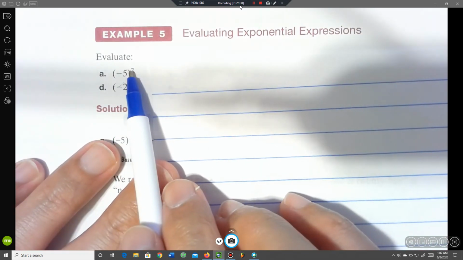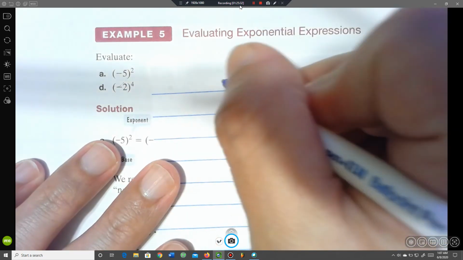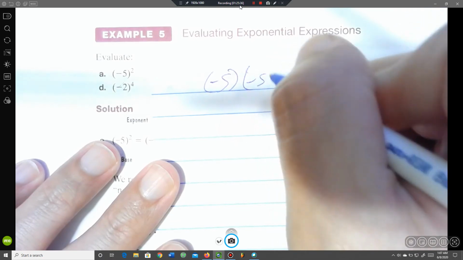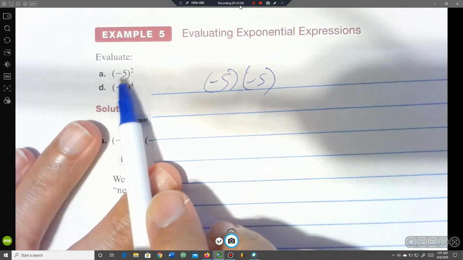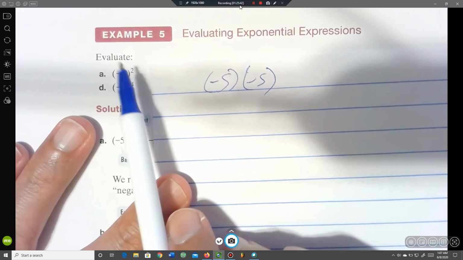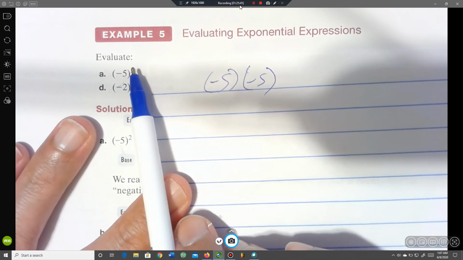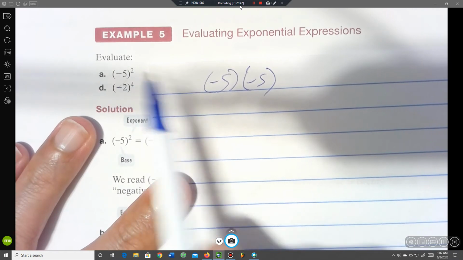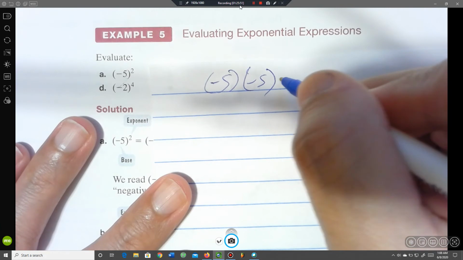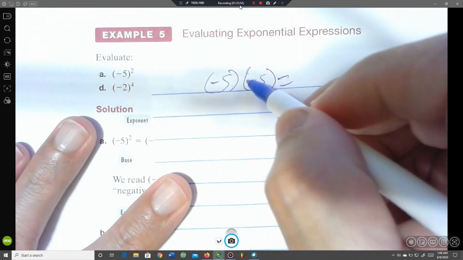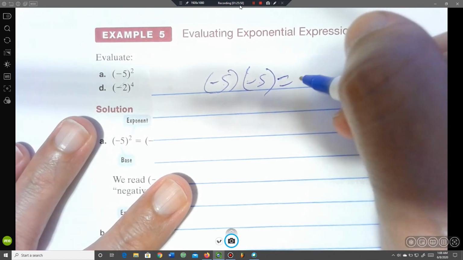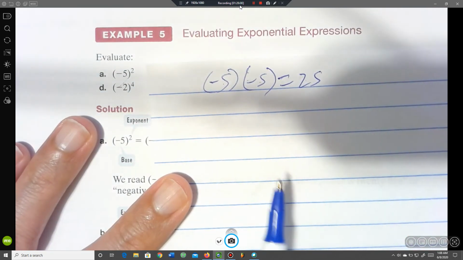So it tells me to write down -5 twice, and then just multiply, because the only operation you do when you see an exponent is multiplication. Since the negative times a negative gives me a positive, the answer is positive 25.